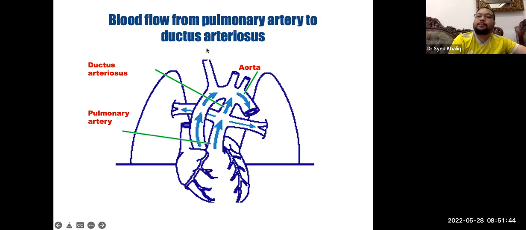But now, because of the persistent pulmonary hypertension, deoxygenated blood from the right ventricle goes into the pulmonary artery, and because of the high pulmonary pressure, blood then goes into the ductus arteriosus. That is why the post-ductal SpO2, the left carotid artery, the left brachial artery and other parts of the body, will be low.